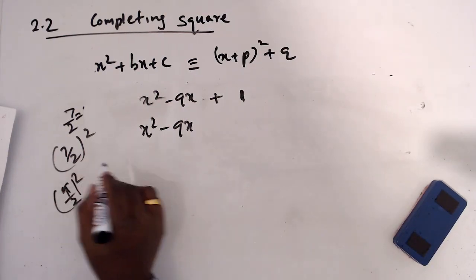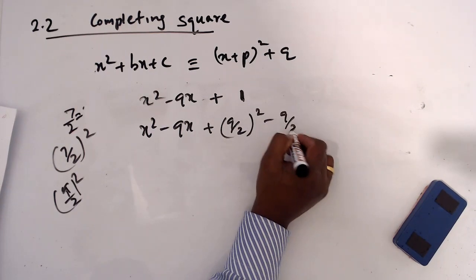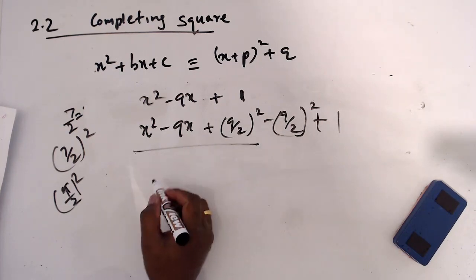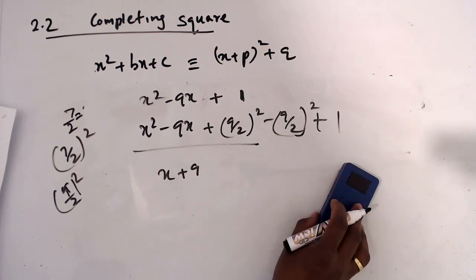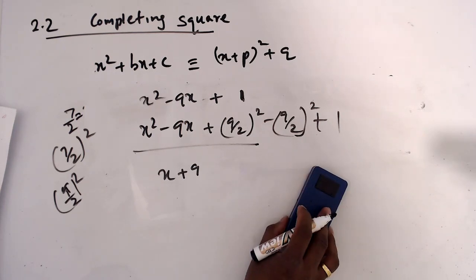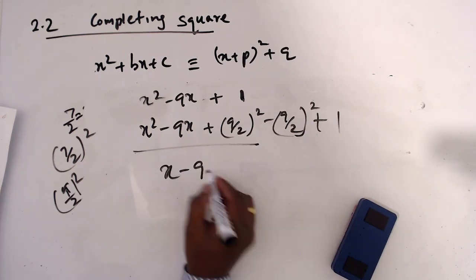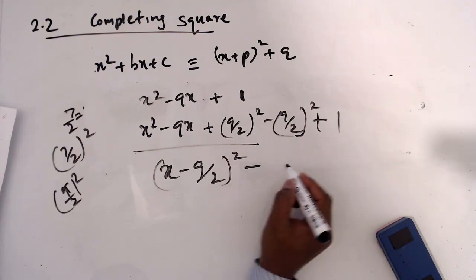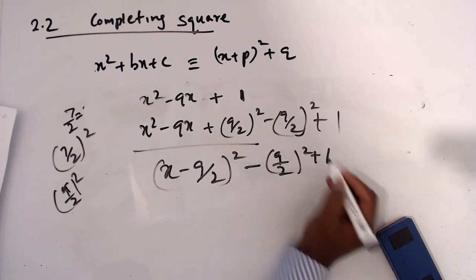And you have to square it, and then you add this square, and then you minus this one and plus 1. So then this is going to be x plus 9. Okay, made a mistake. Can you guess the mistake? Sorry, it has to be x minus 9 over 2 square, then minus this one, 9 over 2 square plus 1.